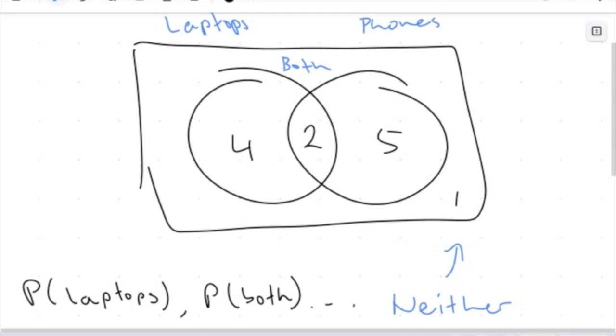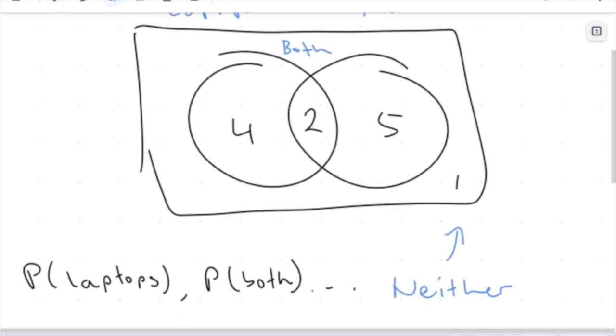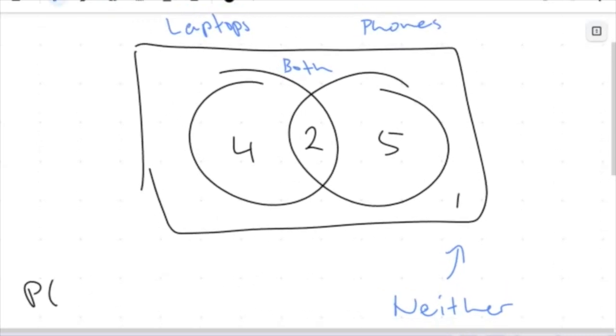Now, the type of questions we're going to be asking ourselves in this video series are some more complex probabilities. A typical question we'll encounter here is, for example, the probability that a student has a phone, I'll call this P, given they have a laptop. So probability of a phone given that they have a laptop.